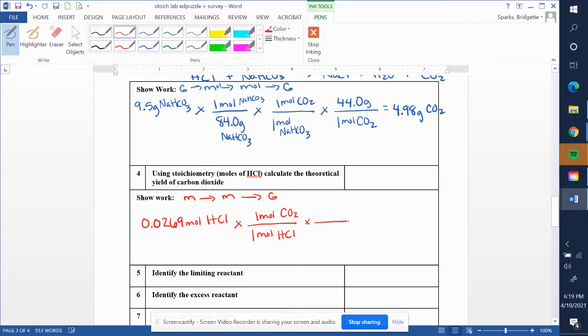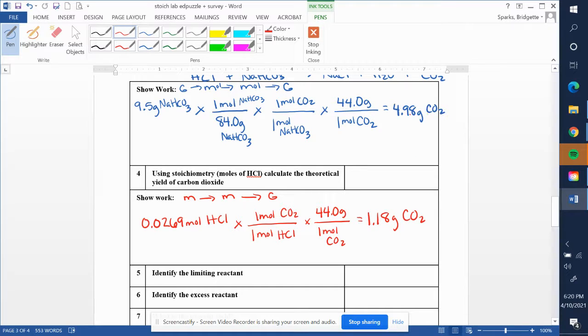And for every 1 mole of carbon dioxide, what's its molar mass? Well, that's the mass of the 1 carbon, 2 oxygens, which happens to be 44.0 grams. And so if we simplify this, we can see that our HCl was only enough to produce 1.18 grams of carbon dioxide.